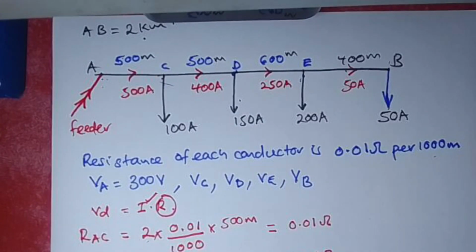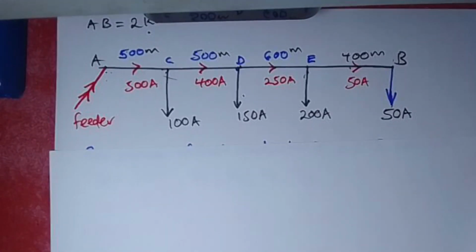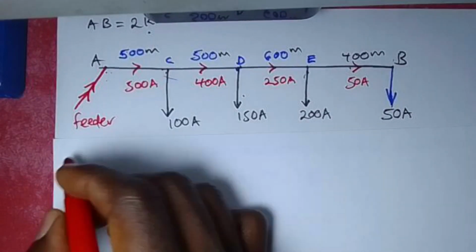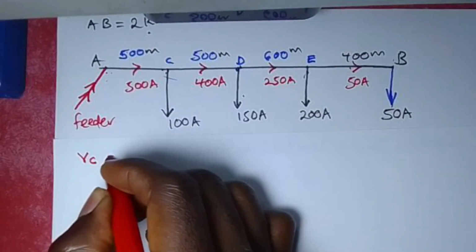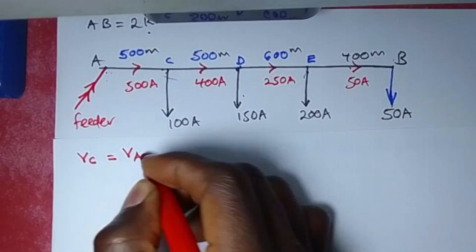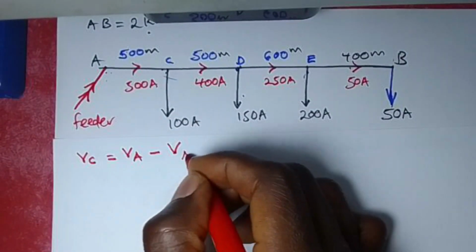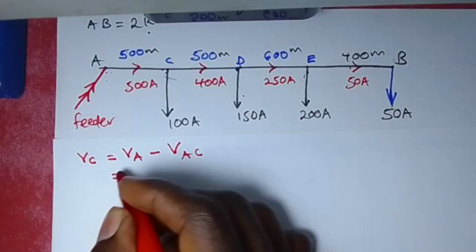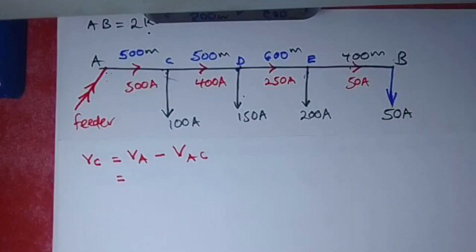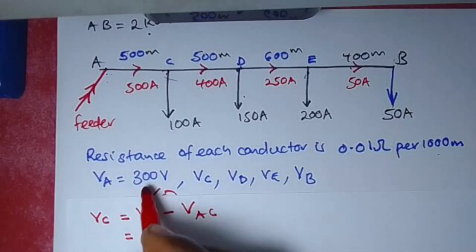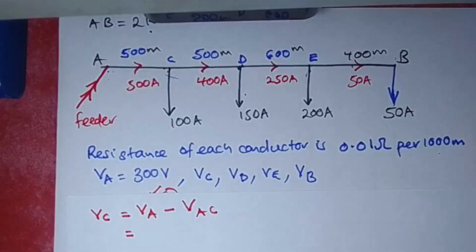So VC is going to be equal to the voltage at point A minus the voltage drop along AC. This is going to be equal to the voltage at point A, and they told us the voltage at point A is maintained at 300 volts.